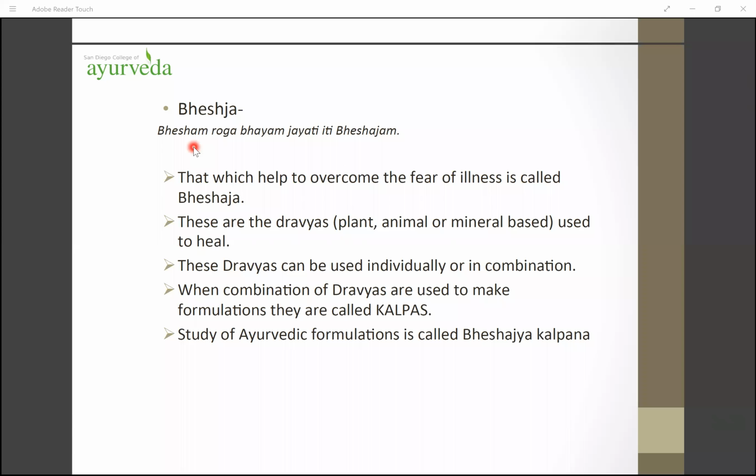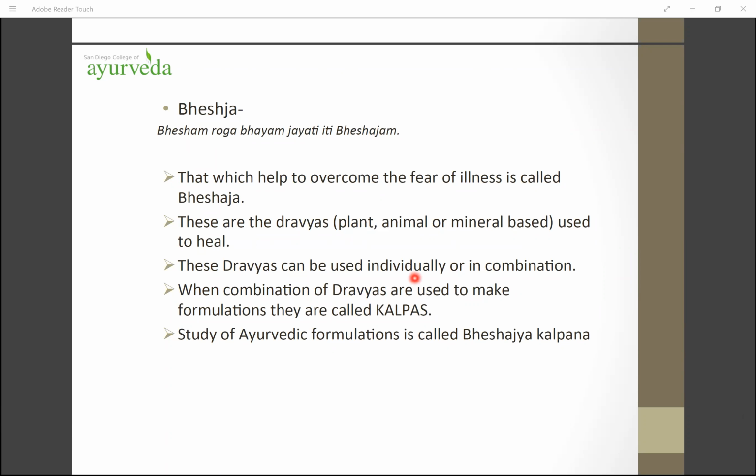So these are dravyas. It can be plant-based, animal-based, or mineral-based. And these dravyas are basically used to heal, to cure you of an ailment, to cure you of a disease. Now, you can either use these dravyas individually or you can use them in a combination.